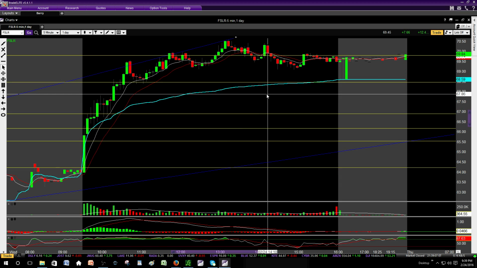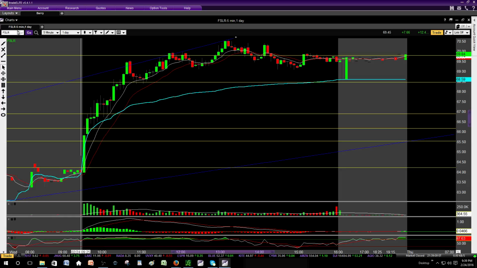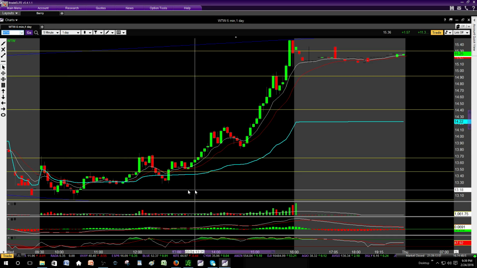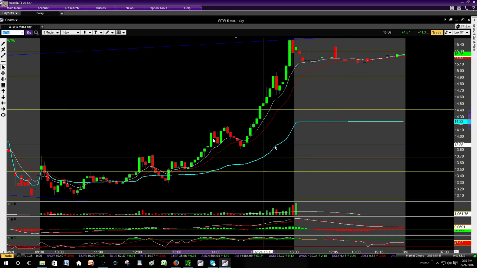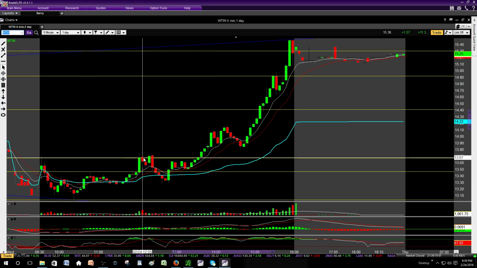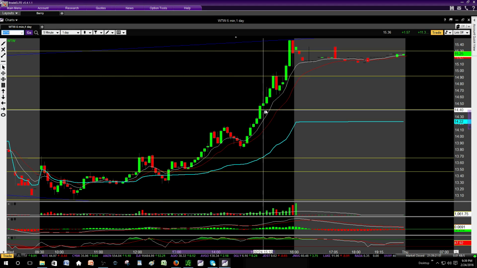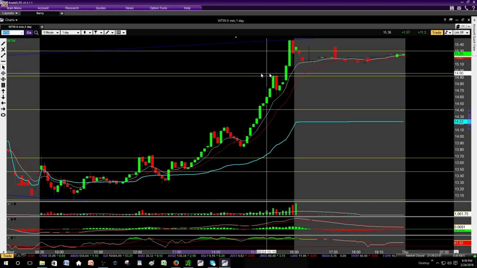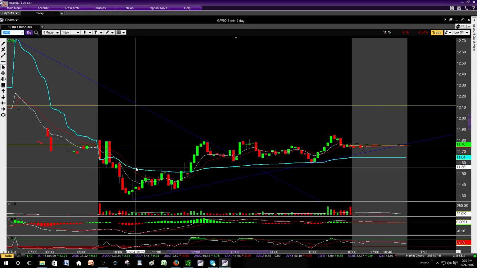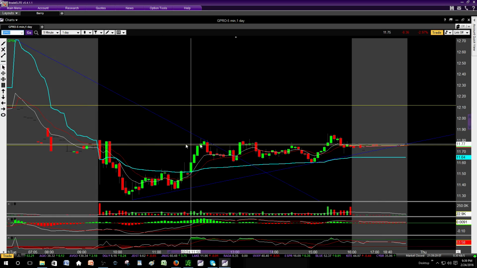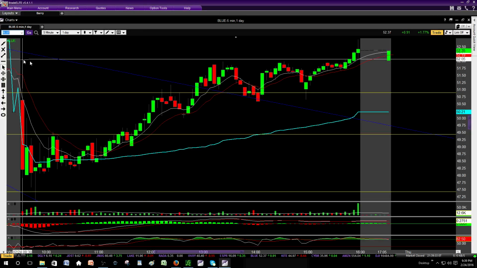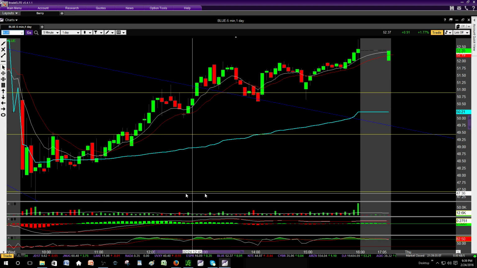They indicate something, like a resistance area or support area, and you can see how a lot of times they come into play. So most of my main charts do have a lot of lines, and I don't get rid of them. I just have them on my back screen.